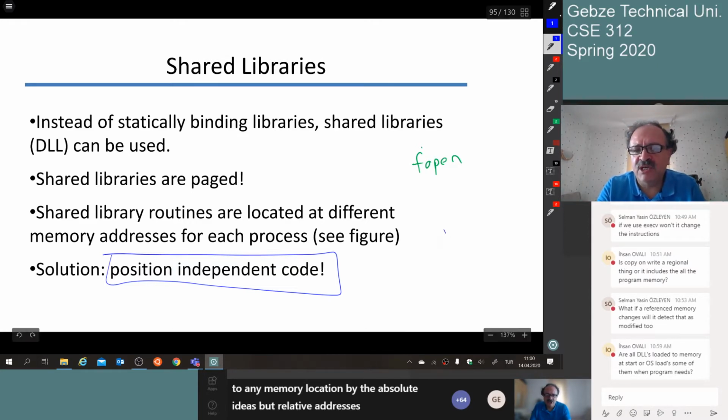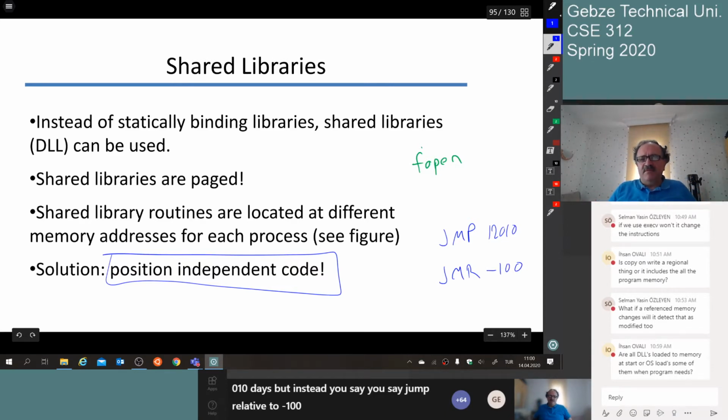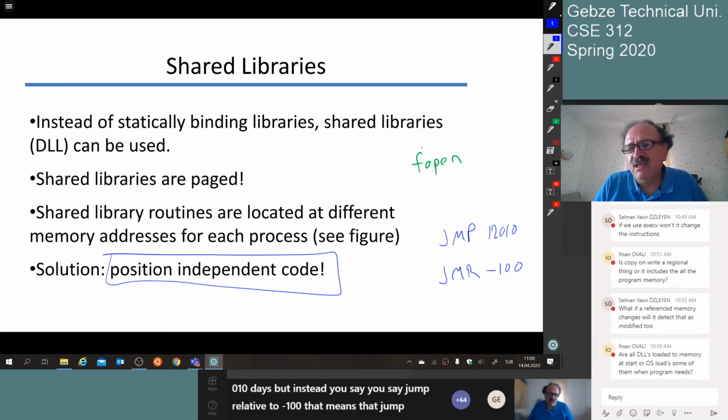You don't say jump to address 12,010, but instead you say jump relative to minus 100. That means jump to a location that is 100 bytes below me. So all of your addressing would be relative addressing, and this kind of addressing is possible with many CPUs.